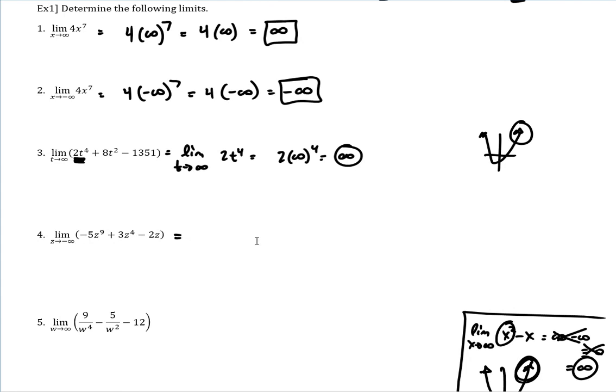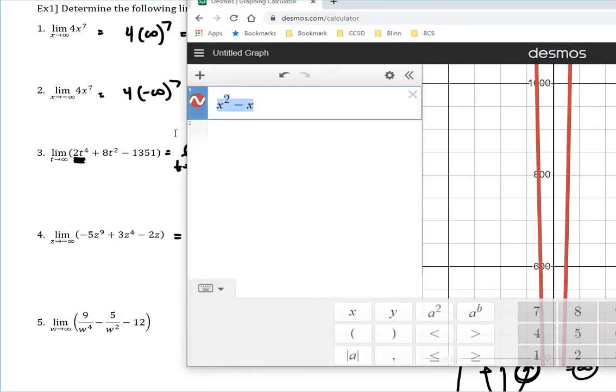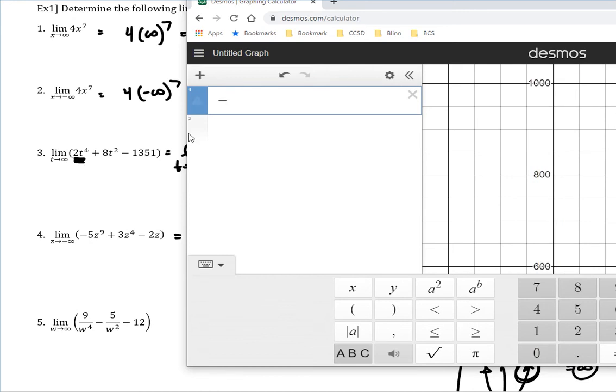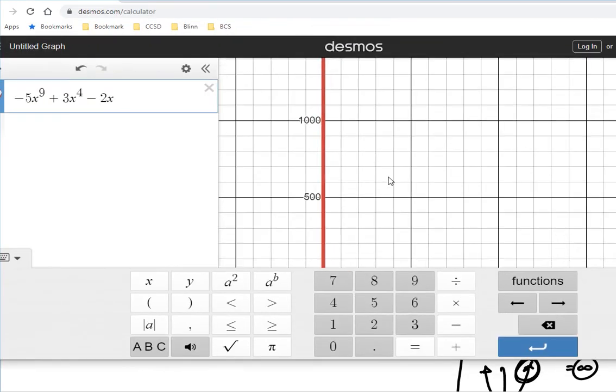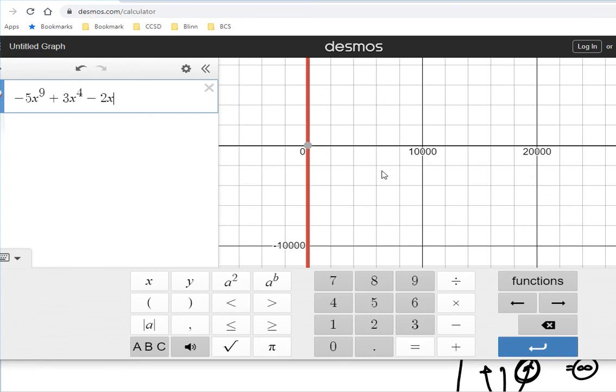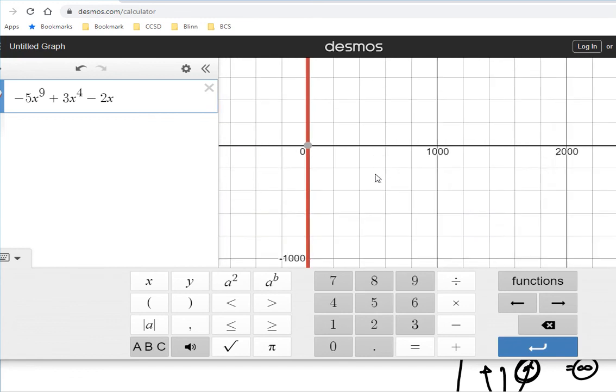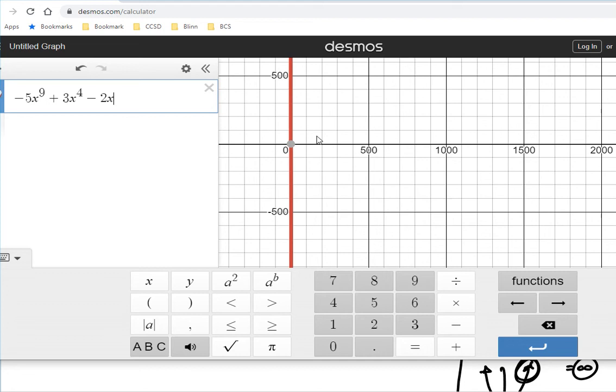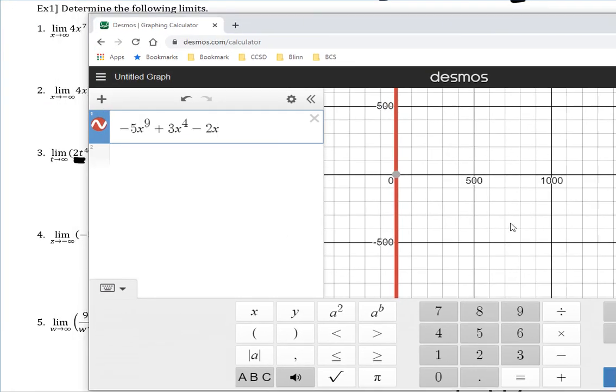With this one, I'm just going to plug this guy into the calculator as well. So we've got -5, and again, use x instead of the letter that they wrote, to the 9 plus 3x to the 4 minus 2x. And we see it's pretty much a vertical line, so we don't see much going on with it.